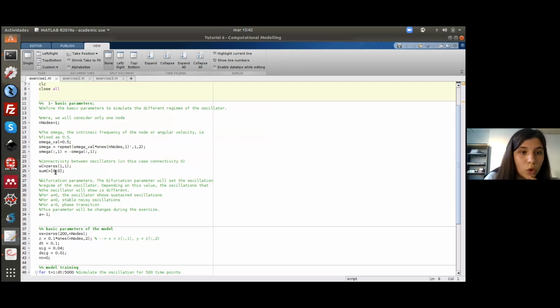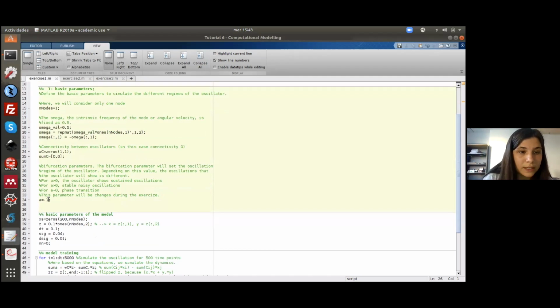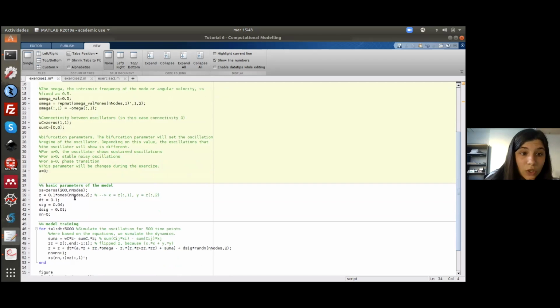We are also going to set the connectivity between the oscillators, that in this case we are only going to have one, so there is no connectivity, it's all 0. And here as default we have A equals 0, which would be having this oscillator in the phase transition.